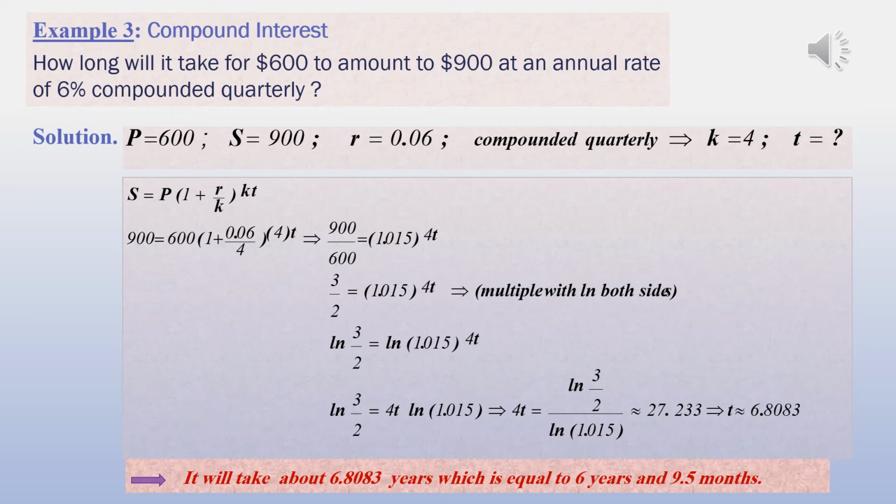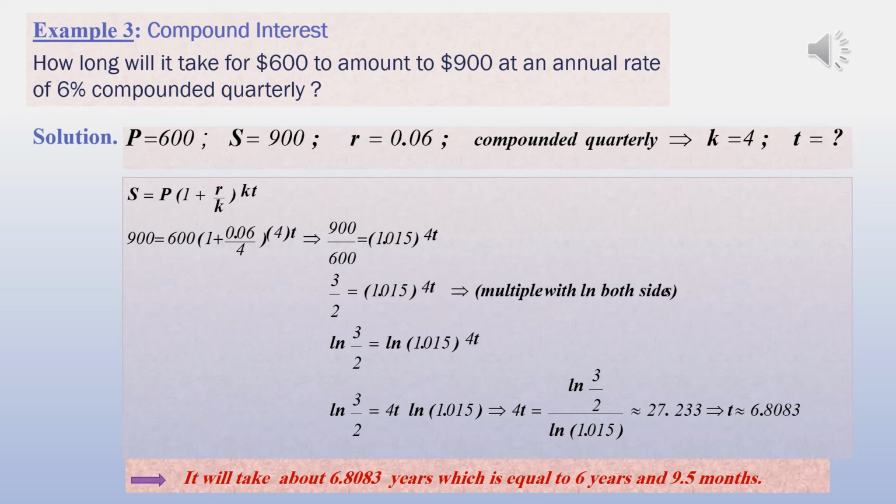We simplify so that we have 3 over 2 equal to 1.015 to the degree of 4t. Now, the remaining equation is nothing but an exponential equation with the variable t.